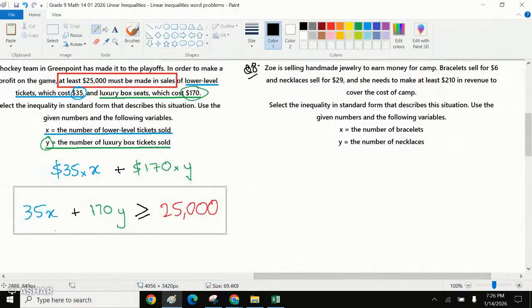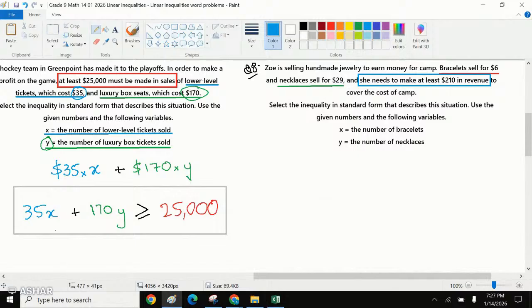Question number 8 says Zoe is selling handmade jewelry to earn money for the camp. Bracelets are sold for $6 each, whereas a necklace is sold for $29. She needs to make at least $210 in revenue.